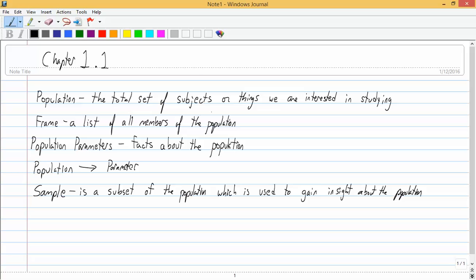That group may not necessarily be representative of the entire country. I can almost guarantee you it won't be. So you have to be careful with the way that you select your samples, and we'll go over all of that. But a sample is just a small group of the population.